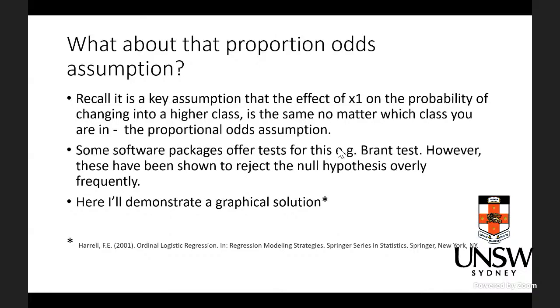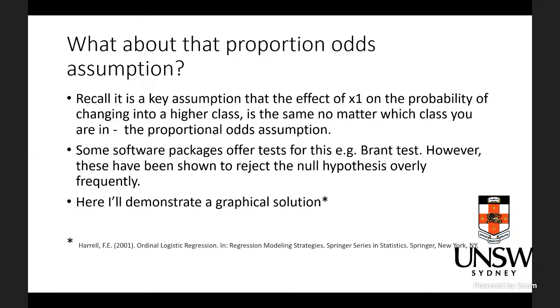It's kind of tricky to check this assumption. Some software packages do offer tests for this. There's one called the Brant test, but these have been shown to reject the null hypothesis overly frequently.